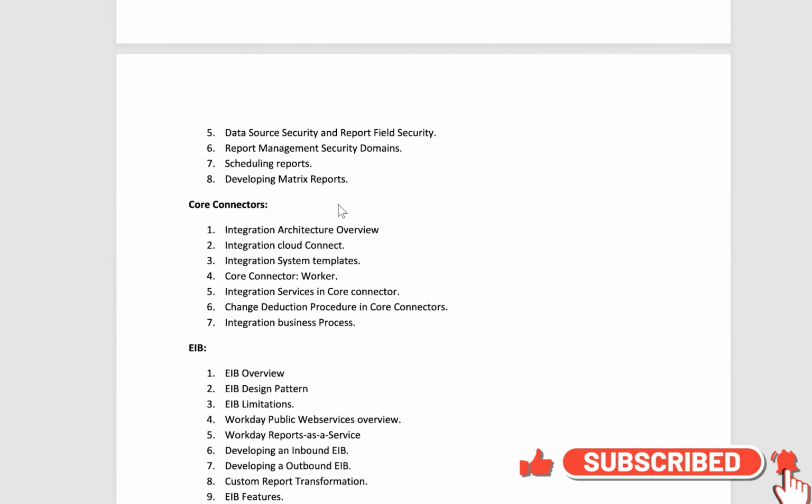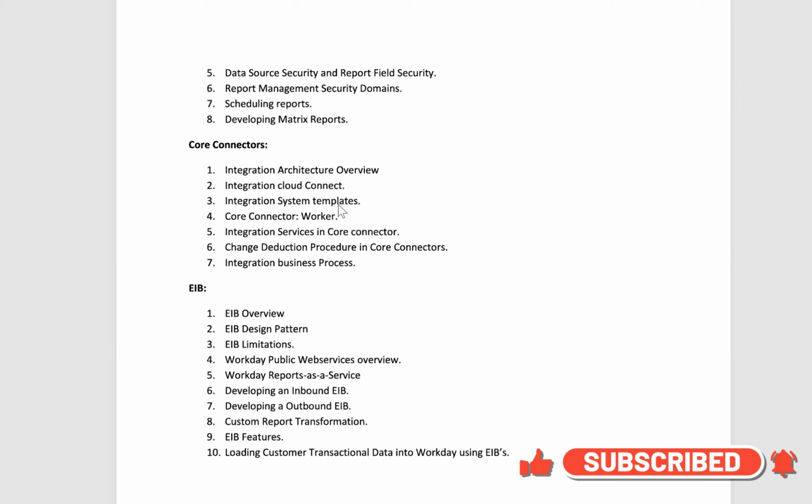And then after, we'll talk about integration tools, which is core connector and EIB. So what is this core connector? The name itself says connector. Okay. Connect two applications, Workday and a vendor application, to exchange certain data. For example, I have a benefit vendor called MetLife, and all my benefit data or compensation data we are maintaining in Workday.